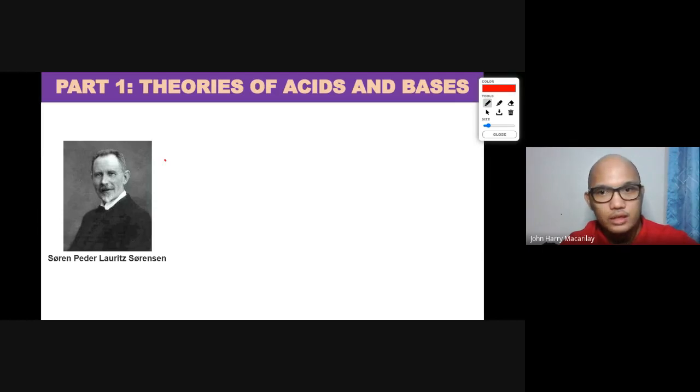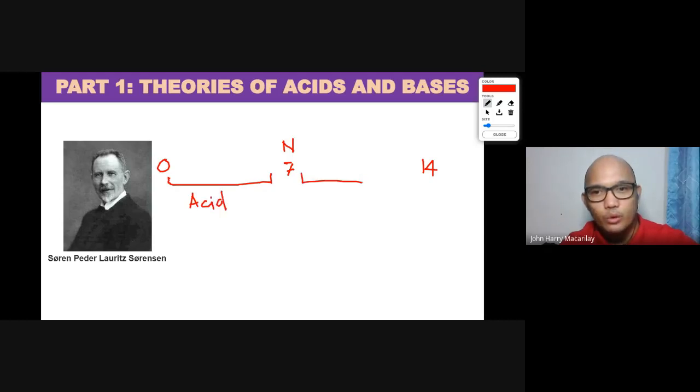to 14, where 7 is neutral, and values less than 7 are considered acids. Values above 7 going to 14 are considered bases.